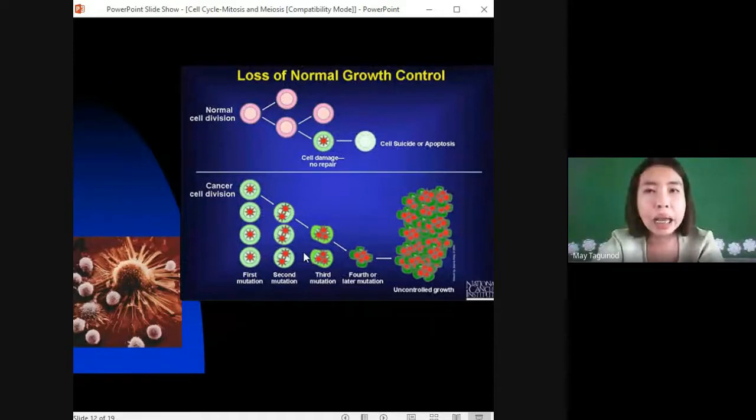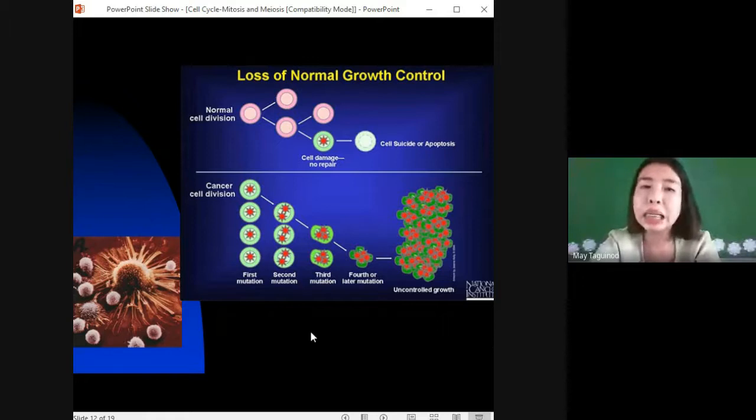Here is an example: cancer results from uncontrolled cell division. Due to the loss of regulation of the cell cycle, cancer cells reproduce more rapidly than normal cells.